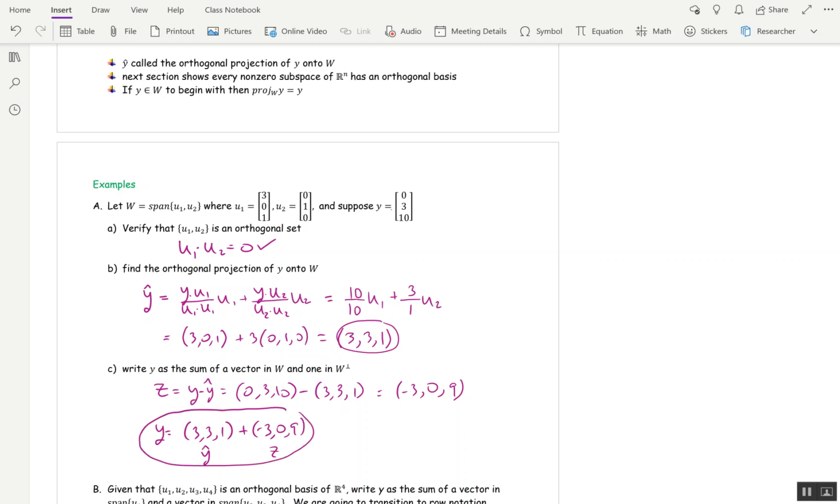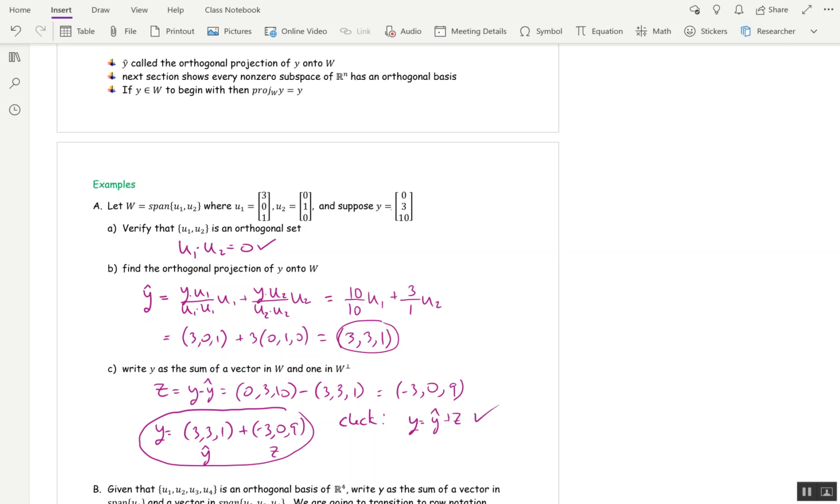Okay, and now let's do our safety check. One, is Y really equal to Y hat plus Z? So let's just do that mentally. Negative 3 plus 3 is 0. That's right. 3 plus 0 is 3. That's right. And 9 plus 1 is 10.